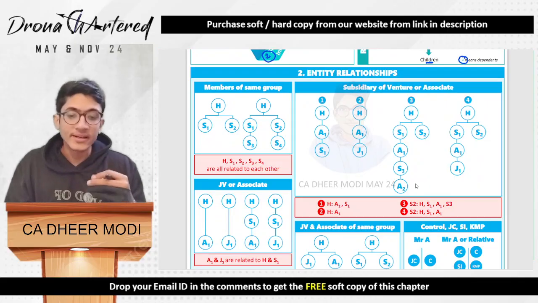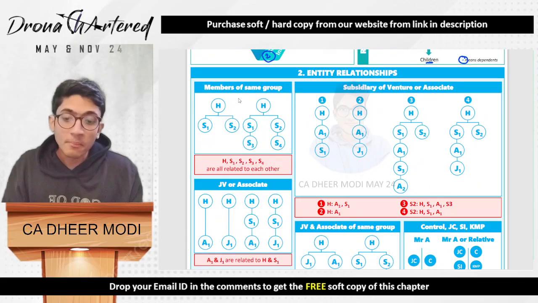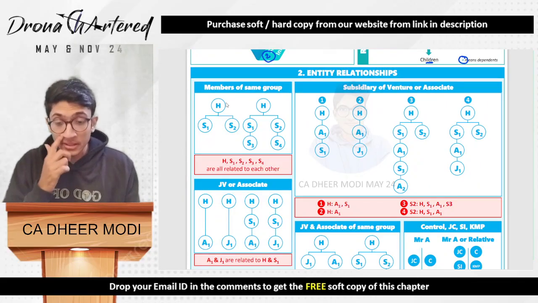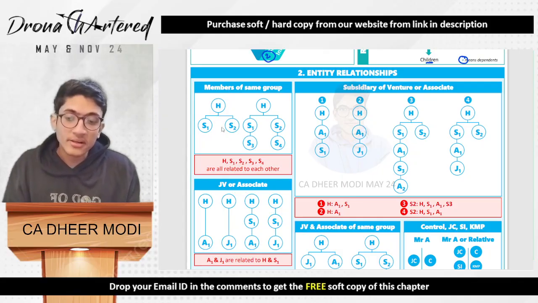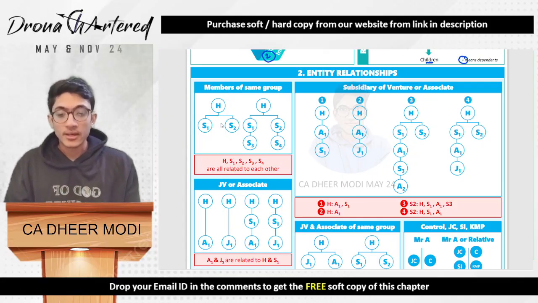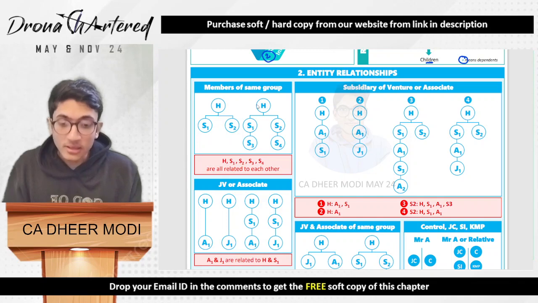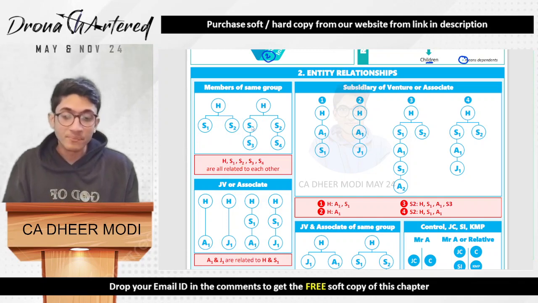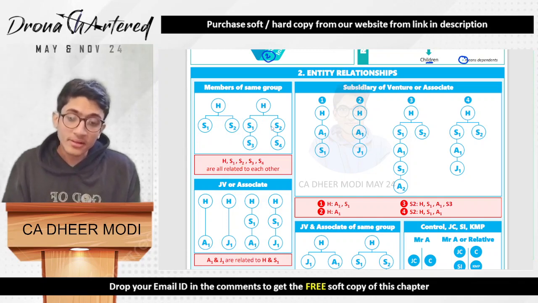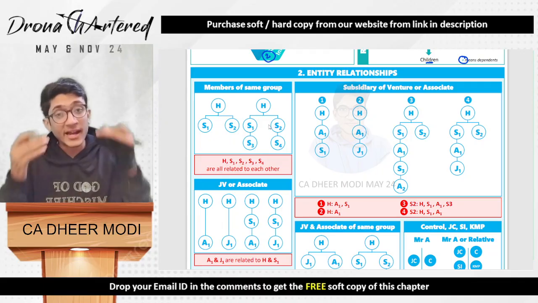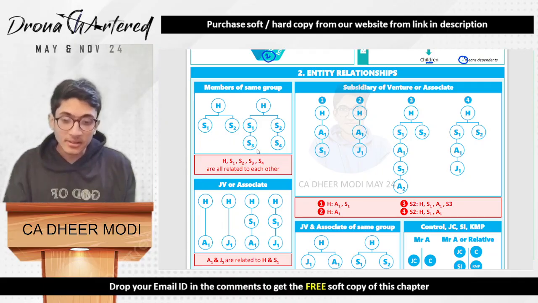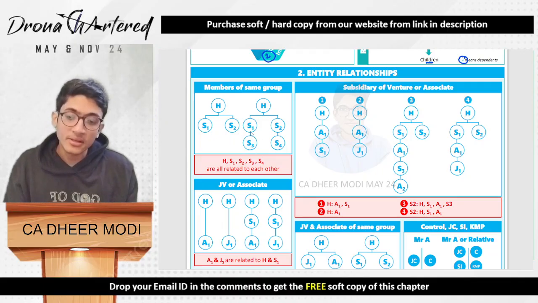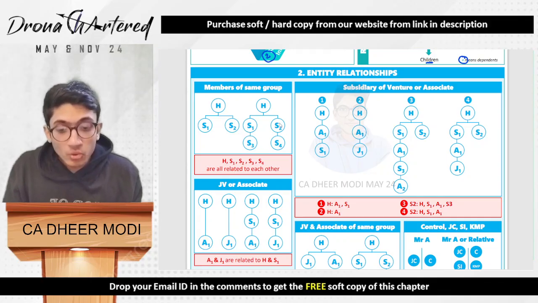Second comes your entity relations. So any members of the same group, say for example, there is one holding company with two subsidiaries S1 and S2. And in another case, if there is one holding company with two subsidiaries S1 and S2, and both S1 and S2 have another subsidiary. So S1's subsidiary is S3 and S2's subsidiary is S4.